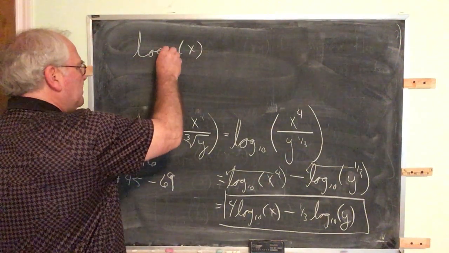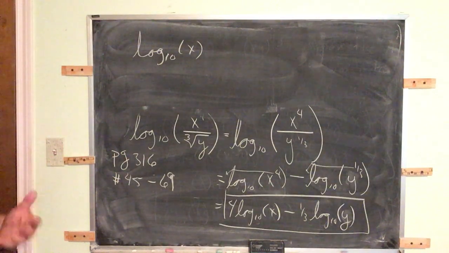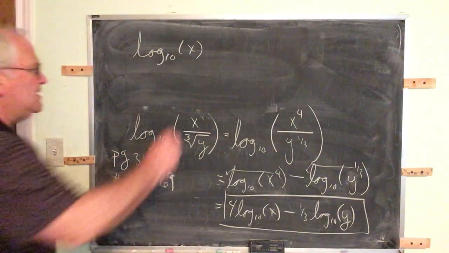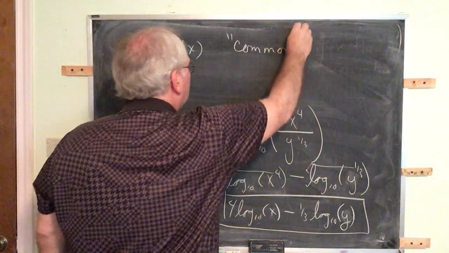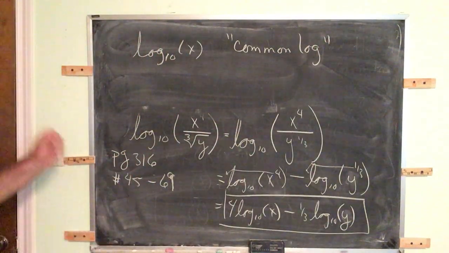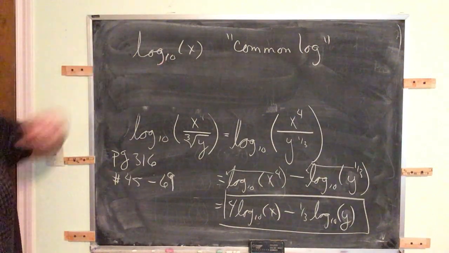It was so commonly used in the past, probably in the 1800s, that this is actually called the common log. The natural log is if we have base e. The common log is if we have log base 10.